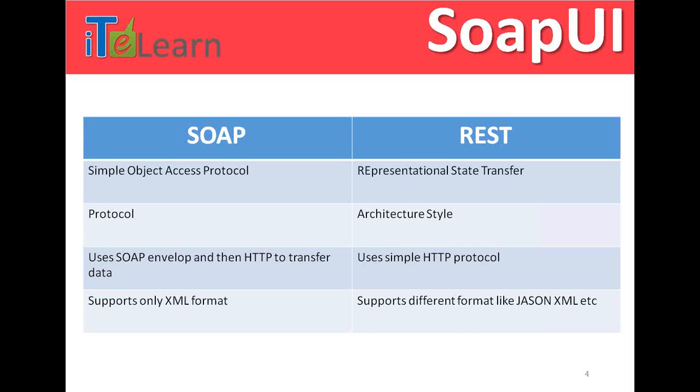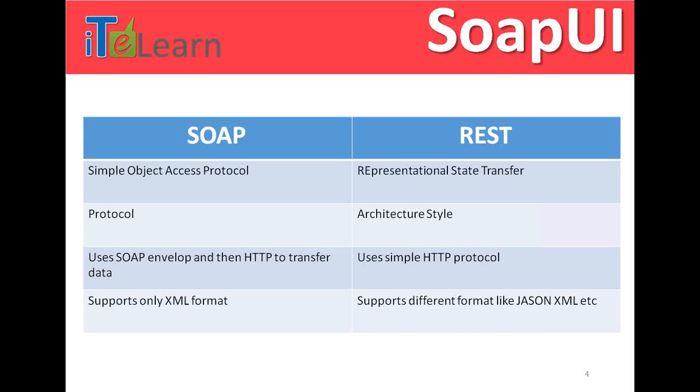It also has a benefit: as I said, we communicate with distributed systems. So this protocol gives a way to communicate between these different kinds of platforms, and it can communicate through firewalls or proxies. SOAP mainly uses HTTP to transfer data.